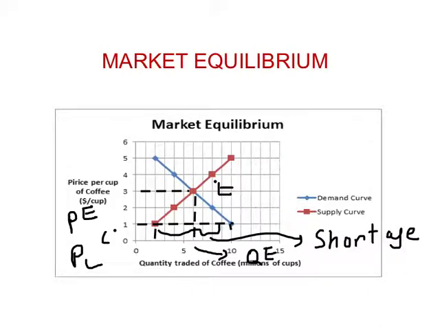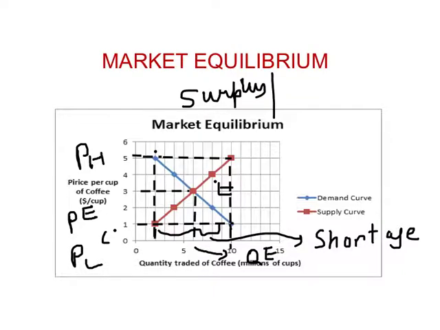Look at another possibility. Suppose Starbucks charges a price higher than equilibrium price, let's call it PH, and at this price how many cups of coffee are demanded? 2 million cups. How many cups of coffee are supplied? 10 million cups. And so here you find supply exceeds demand, or we have a surplus in production.